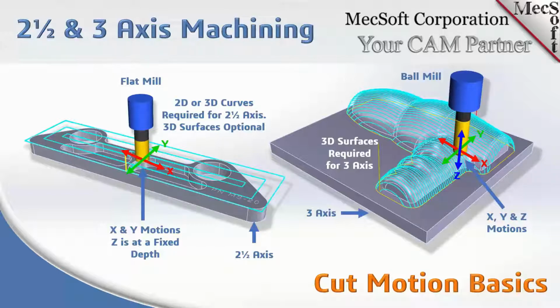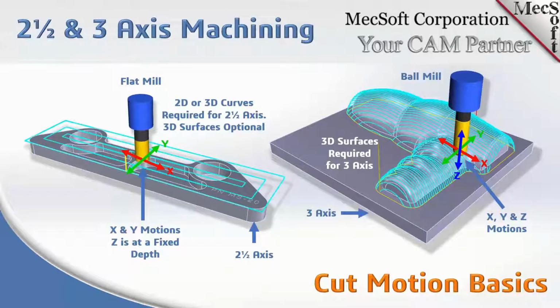So you define the depth of the tool to cut, and it will stay fixed at that depth and move in X and Y. The movement in X and Y will be contained by the control geometry that you select. Now in 3 axis, you see that we have a third Z axis in blue. So in 3 axis, the tool can move in the X, the Y, and the Z simultaneously.